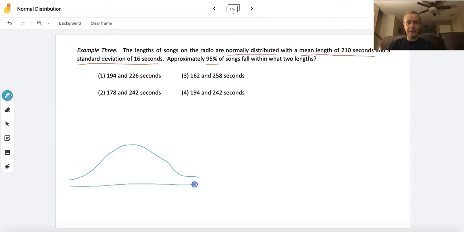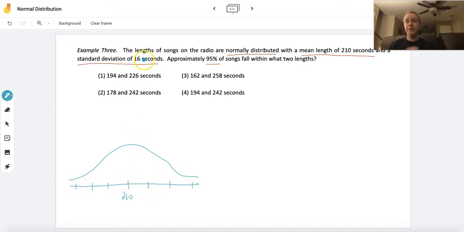And then from here, I'll start to label the number line using the specific values we're told in the problem. The mean value of this normally distributed data is 210, so that goes right in the middle. From there, we can calculate the values above the mean by increments of 1 standard deviation.